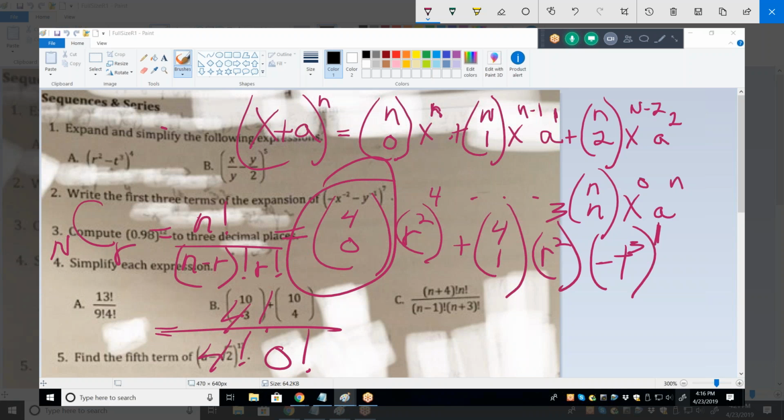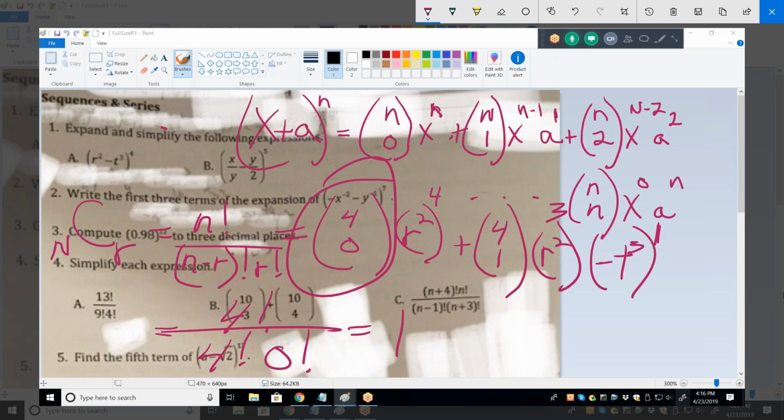I always used to think they just defined it that way to make everything work. Well, I suspect there's a lot more to it than that. But it is true that 0 factorial is equal to 1, even though it doesn't seem like it should be. So this is equal to 1.